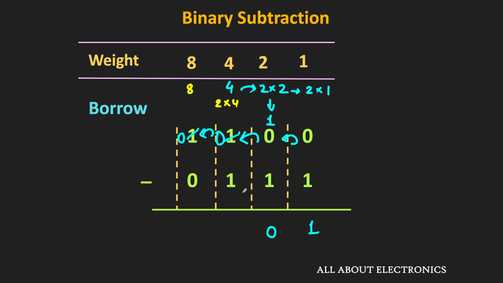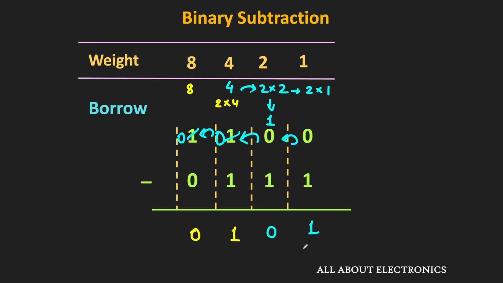And whenever we subtract a 1 4 from these 2 4's, then we will have a 1 4. So simply if we write this coefficient, then we have a 2 minus 1, that is equal to 1. And likewise, in this next column, we have a 0 minus 0, that is equal to 0. That means after the subtraction, the number is 101. So that is how we can perform the binary subtraction.